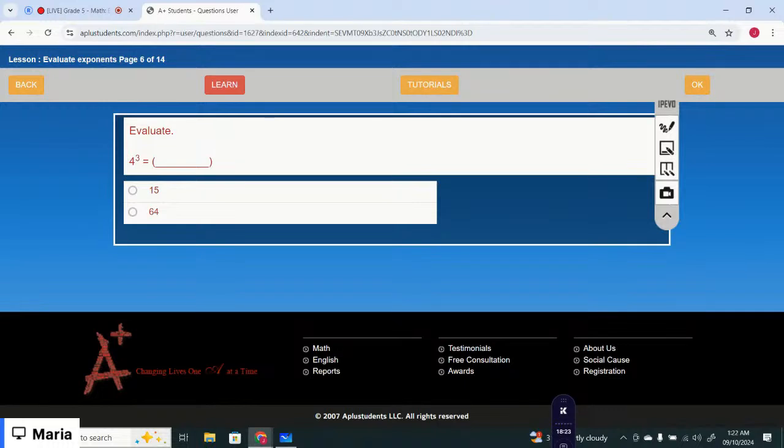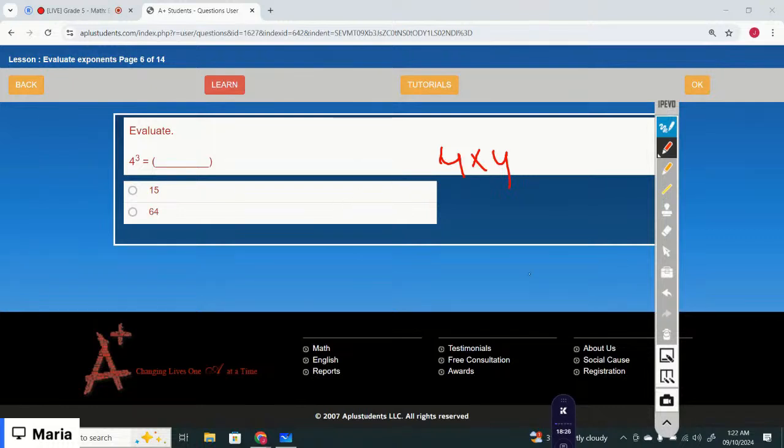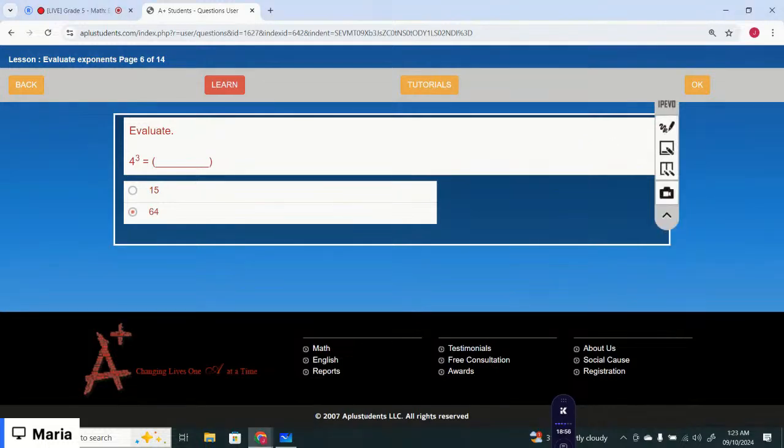You have to do 4 times 4 times 4. 4 times 4 is 16 and 16 times 4 is 64. Option number 2 is the correct option. That is 64.